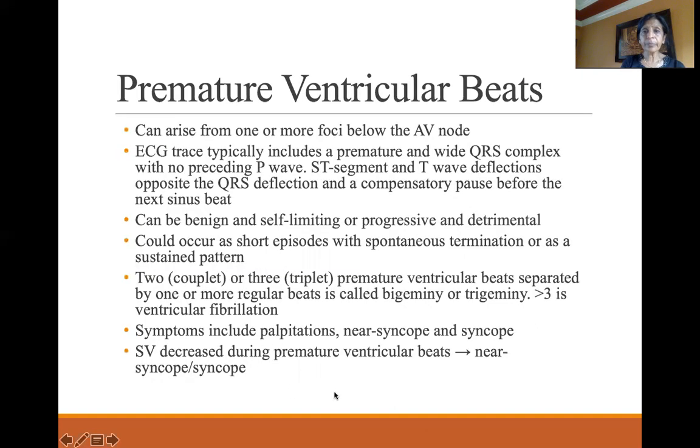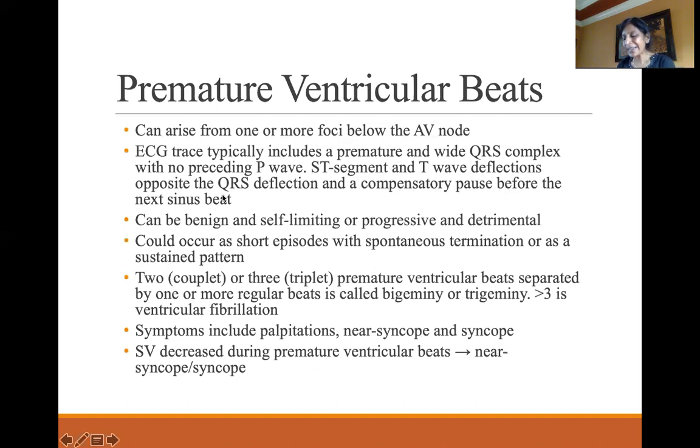Okay, so premature ventricular beats can arise from one or more foci below the AV node. All right, any part of the ventricles pretty much. The ECG trace typically includes a premature and wide QRS complex with no preceding P wave. So that is just one random QRS wave, with ST segment and T wave deflections opposite the QRS deflection, and a compensatory pause before the next sinus beat.